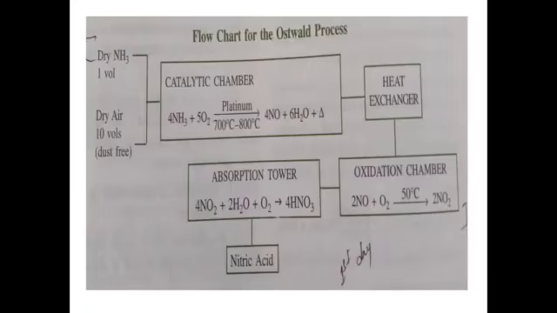Then this is the flow chart for the Ostwald process. So you can see here dry ammonia gas 1 volume and dry air 10 volumes, dust-free, goes to the catalytic chamber. And this is the reaction that takes place in the catalytic chamber. 4 molecules of ammonia combine with 5 molecules of oxygen at 700 to 800 degrees Celsius.